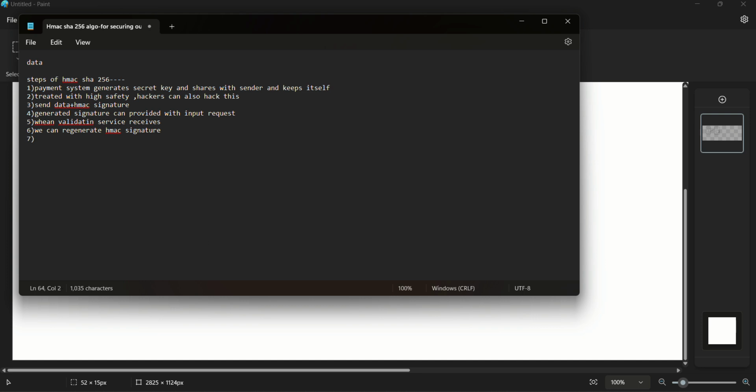Seventh point is if this signature matches with the incoming signature, it means whatever data we received is not tampered.